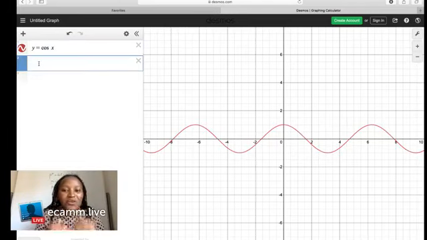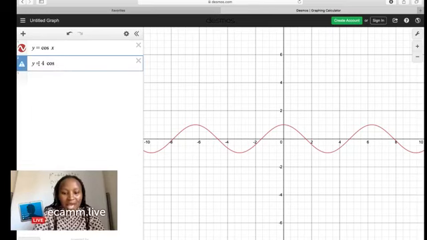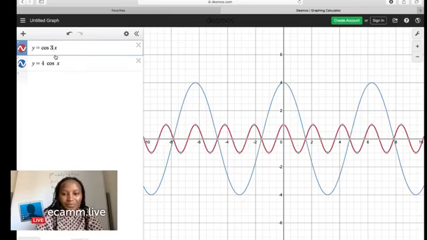Now what happens to the graph if it changes the amplitude? Let's change the amplitude. It will be 4 cos x. So when we change the amplitude, it is still from here, but it comes up to this point. Let's put 3 here.